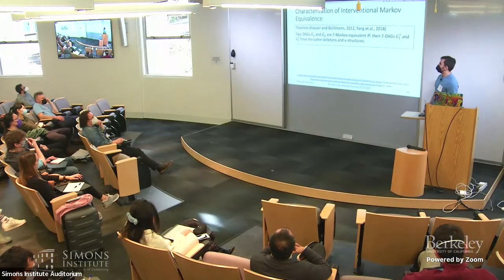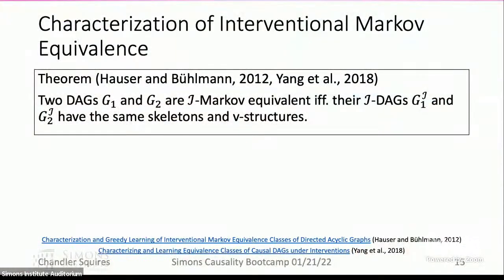So we had this graphical characterization of Markov equivalence that was useful for us for many different things in the observational setting. We'll also have a graphical characterization in the interventional setting. We can basically extend the notion of having the same skeletons and same V structures to the interventional graphs, so the graphs of these augmented interventional variables.